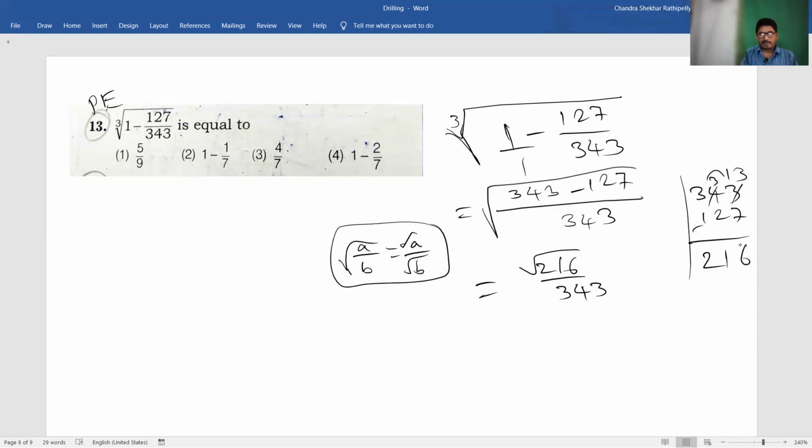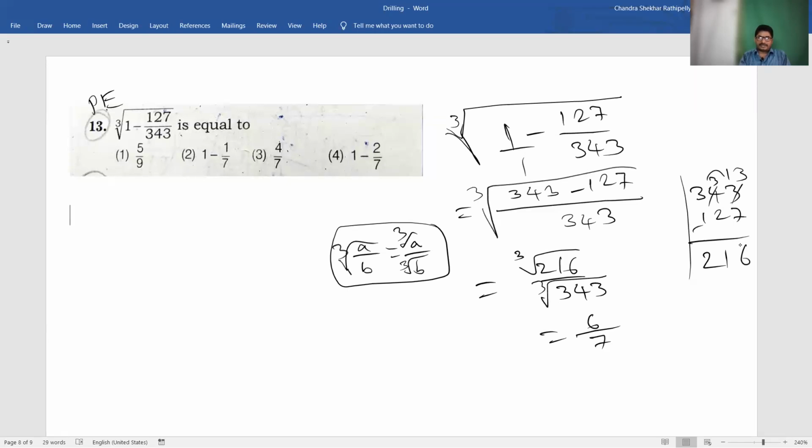This is a formula. We can write separately. Cube root of 216 is 6, 6 cube is 216. 7 cube is 343. So cube root of 343 is 7.